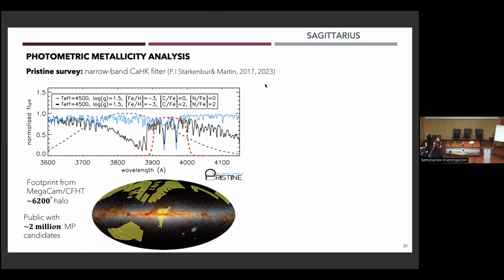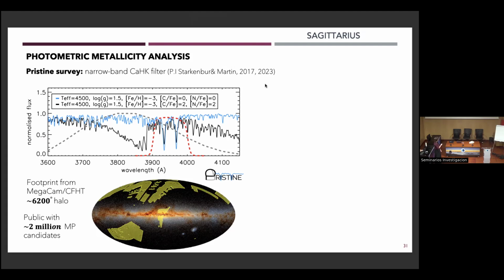It uses a narrowband filter centered around two very specific spectral lines, the calcium HK lines, that are sensitive to metallicity. So Pristine was able to find a huge amount of metal-poor candidates, around 2 million.